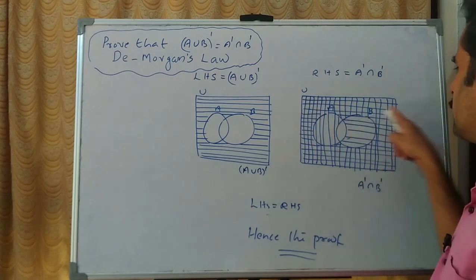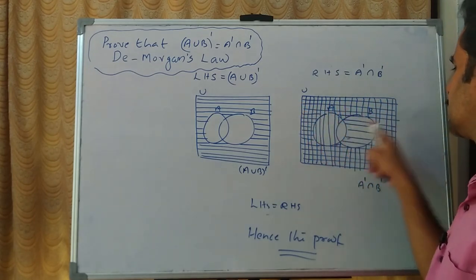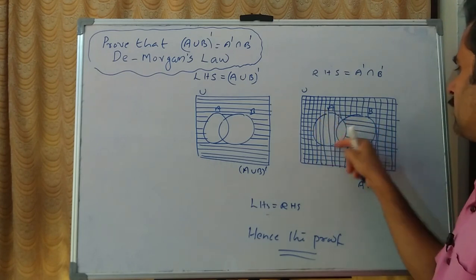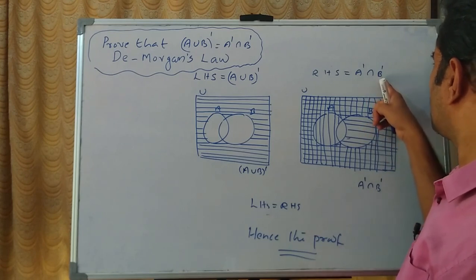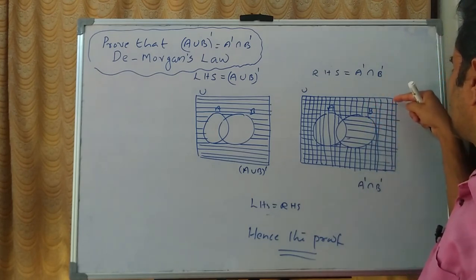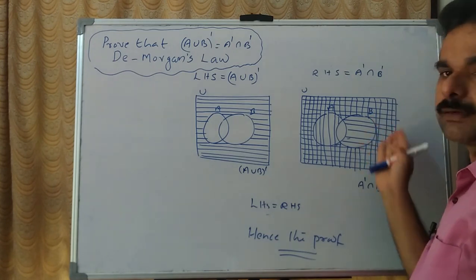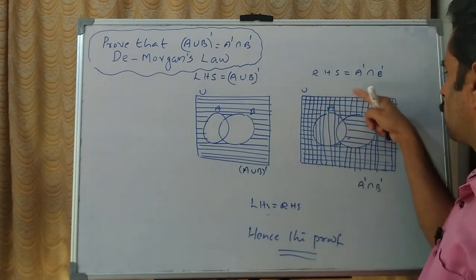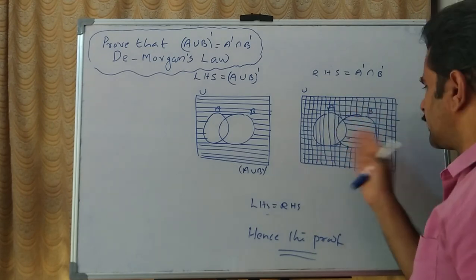Only A is avoided. Then B complement is shaded using vertical lines. We can't touch B, and all other parts are shaded. So here only B is free.